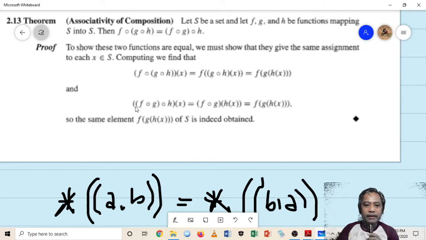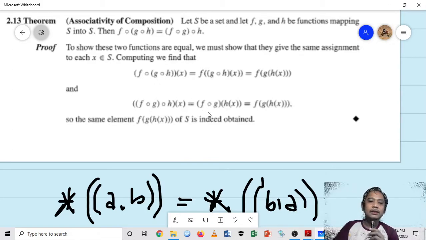But if we would have it the other way around, if we consider f and g first, the composition of f and g, we have f circle g quantity circle h of x. This would be the first function, f circle g, of the second function h of x. So this would be the element in the domain this time, and the function is f circle g. So we'll have f of g of this one. So that is why we have f of g of h of x, which is the same as this if we compare the two, meaning they have the same result.